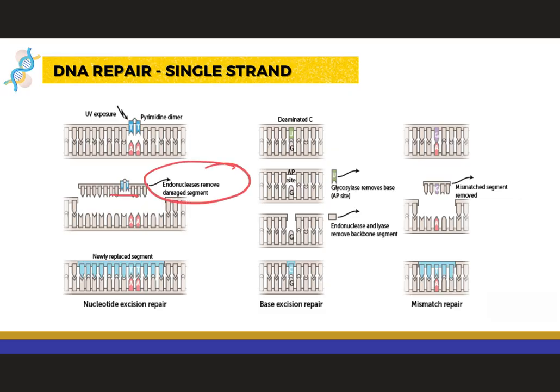So DNA polymerase and ligase will going to fill and reseal the gap, respectively, and will going to repair bulky helix-distorting lesions, for example, your pyrimidine dimers. So, please remember that your nucleotide excision repair occurs in G1 phase of your cell cycle.